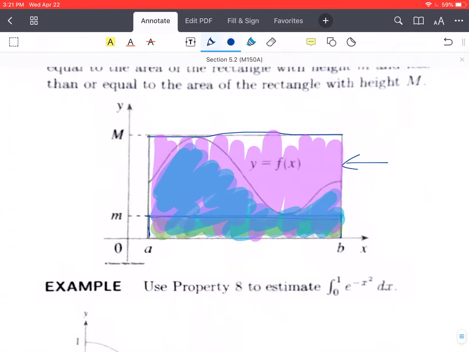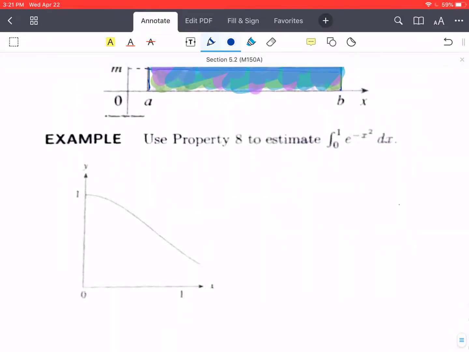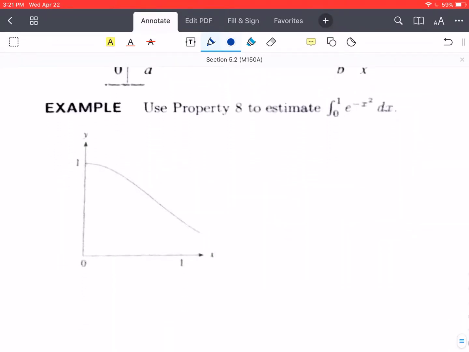Okay, so let's use this property to estimate the integral from 0 to 1 of e to the negative x squared. So we can go ahead and create some boundaries here, up here and down here.